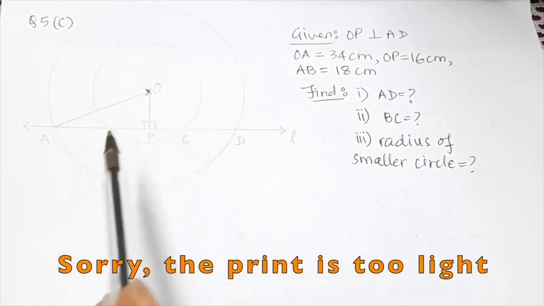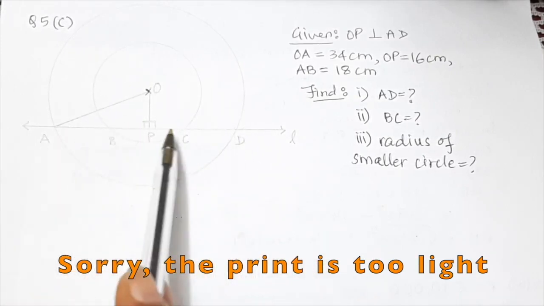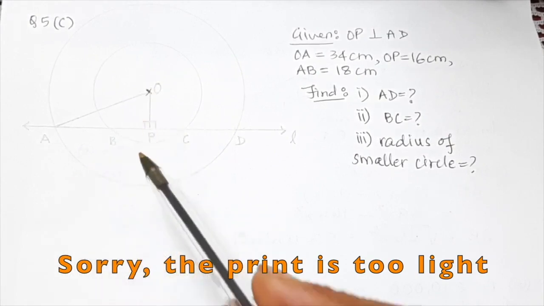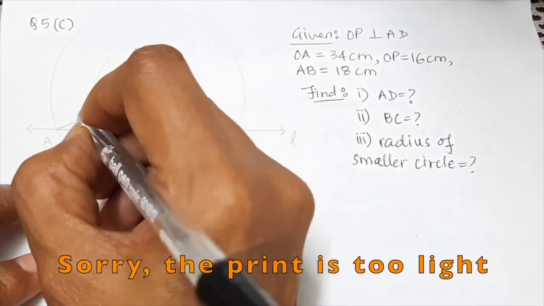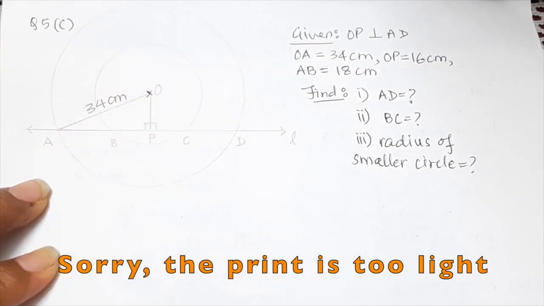We have drawn the diagram here. You can see AD is the chord of the bigger circle, BC becomes the chord of the smaller circle, and these are concentric circles. We have been given OA is 34, so I shall write here 34 centimeter.